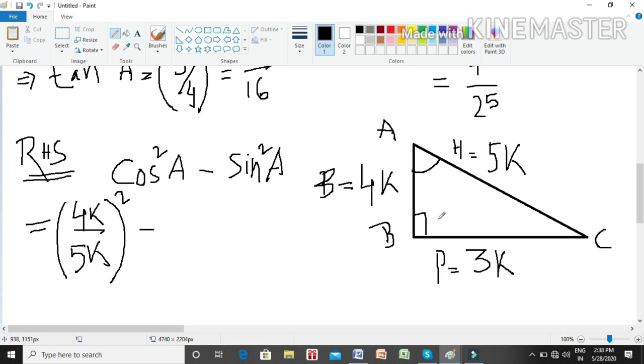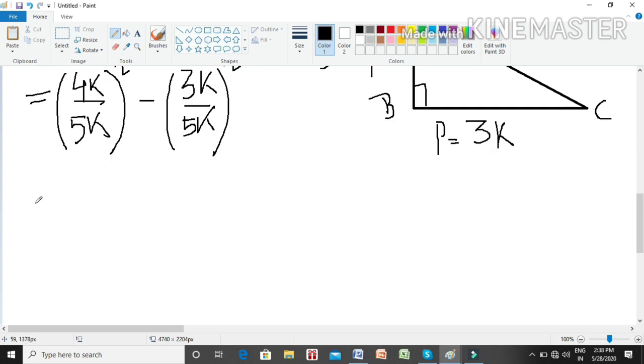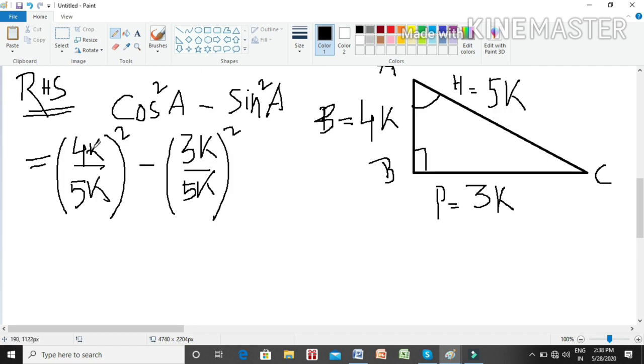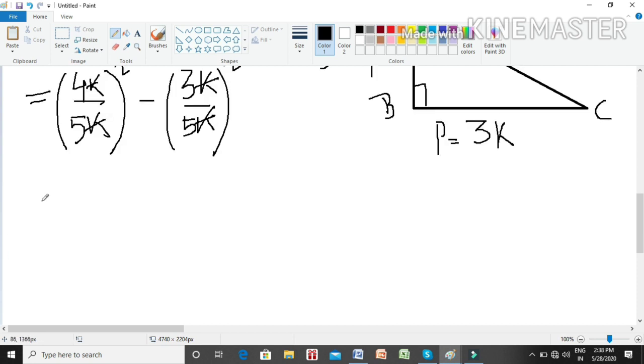So perpendicular by hypotenuse, that is 3K by 5K. Since this is a square form, I will have to put a square. So let us cancel the K. We have 4 square by 5 square, which is 16 by 25, minus 3 square by 5 square, which is 9 by 25. So the result coming is 7 by 25.